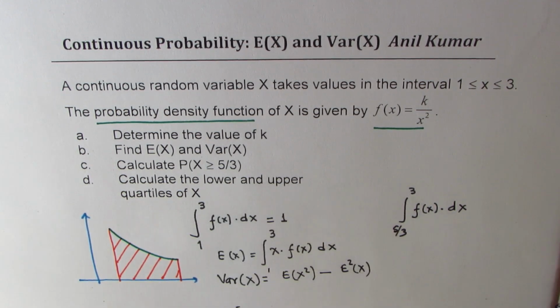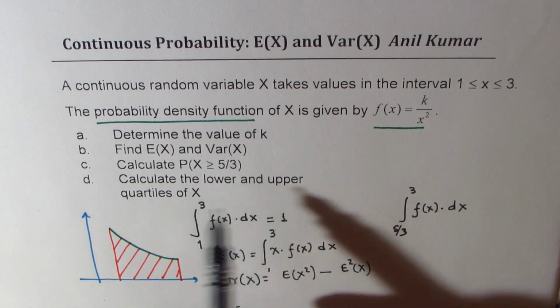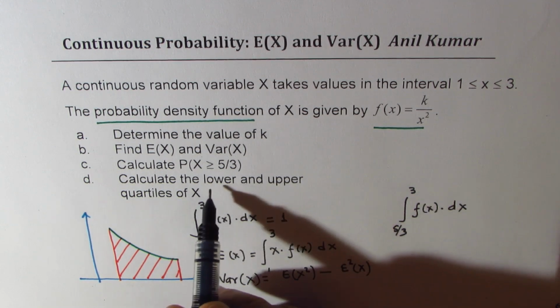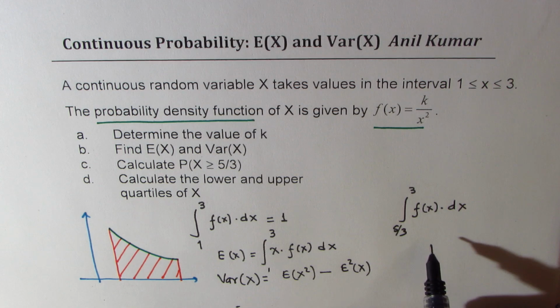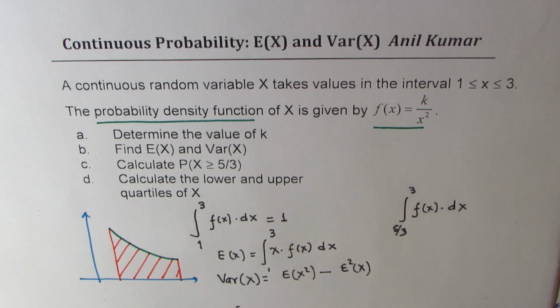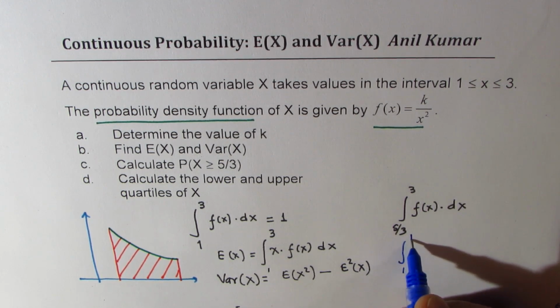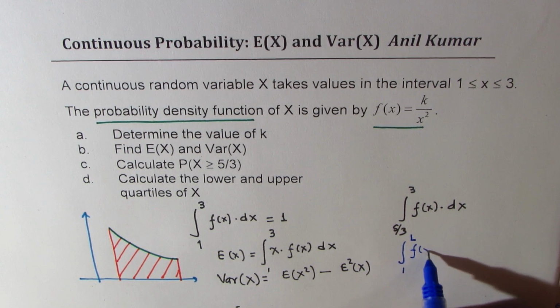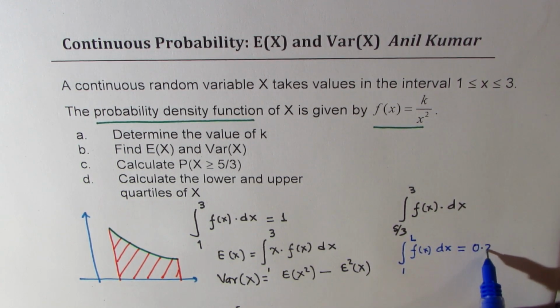Now, how do we find lower and upper quartiles? When we say lower quartile, we are looking for this value to be equal to 25%, right? So remember that. So for lower quartile, the integral from, in this case, 1 to the lower bound of f of x dx should be equal to 0.25.